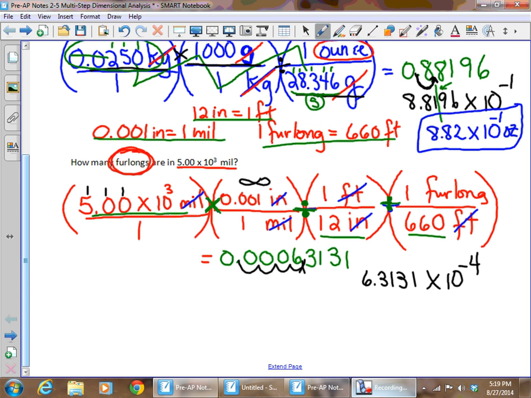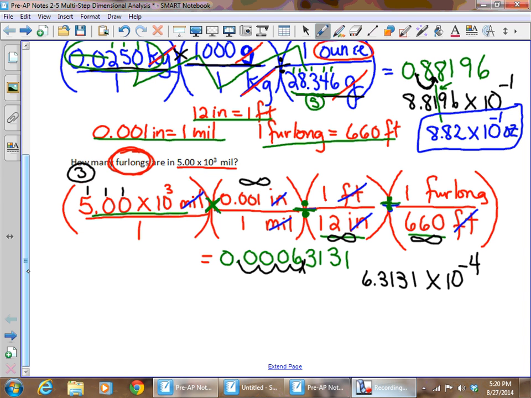Infinite sig figs, which means it is not going to count towards my sig figs for this problem. 12 is exactly 12 inches, 12.000000. It is not going to count for sig figs. 660, exactly 660. It's a counting number. It is not going to count for sig figs because it has an infinite number of zeros after it, an infinite number of sig figs. So the only number that counts for sig figs is this first one, 3 sig figs.